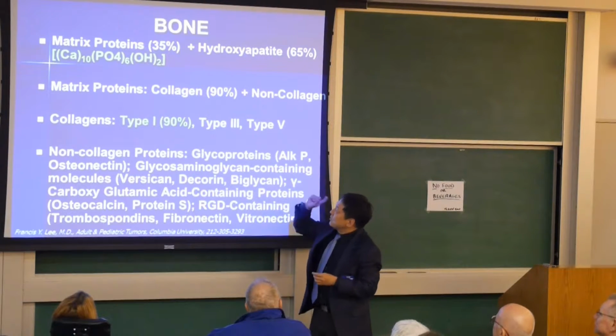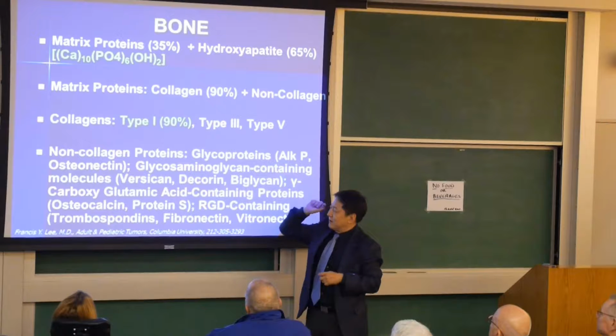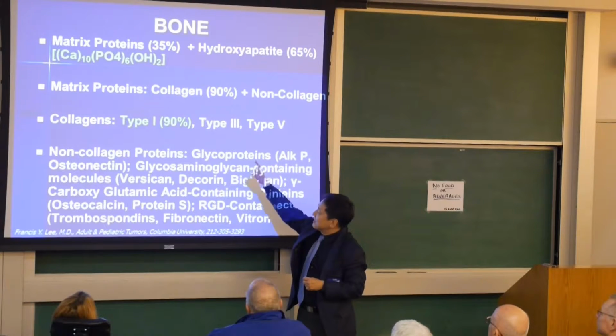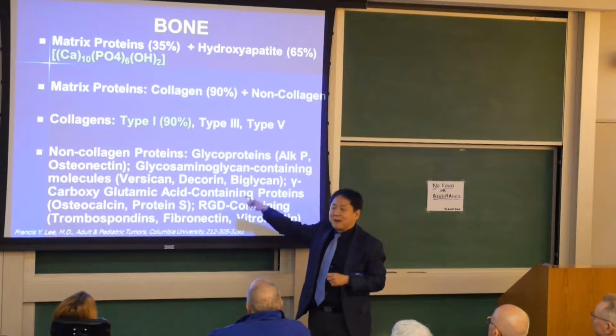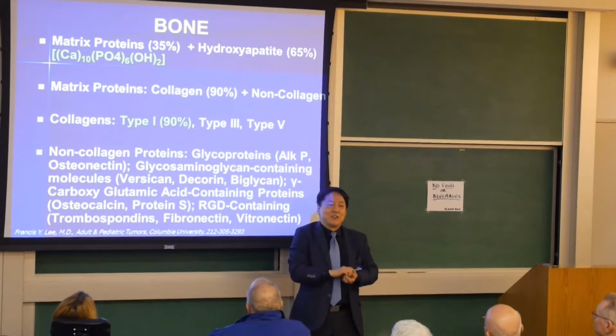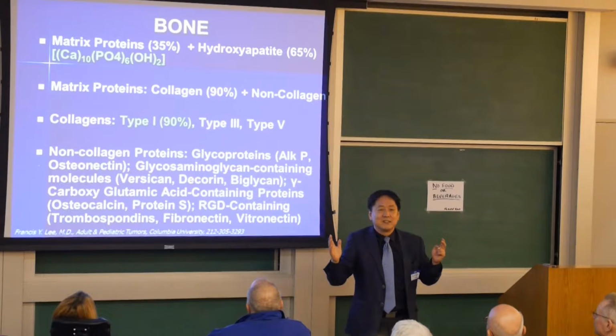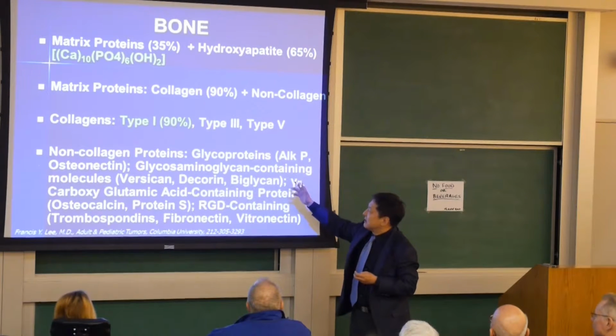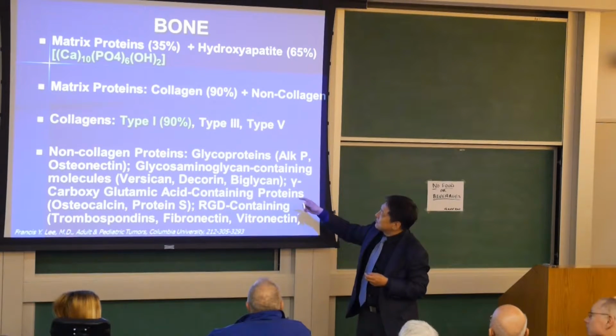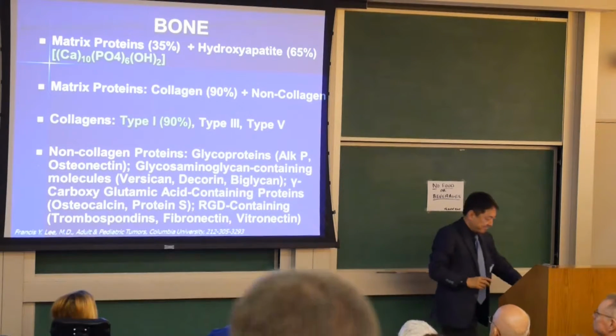So bone should have normal components, both calcium components as well as protein components. When people talk about osteoporosis and normal bone, very often people do not know what kind of changes happen in the bones from patients with fibrous dysplasia.